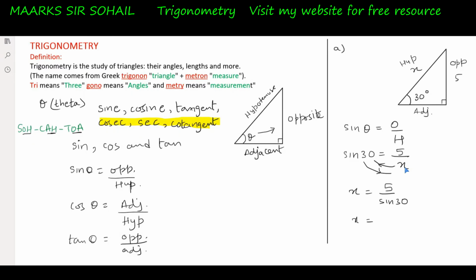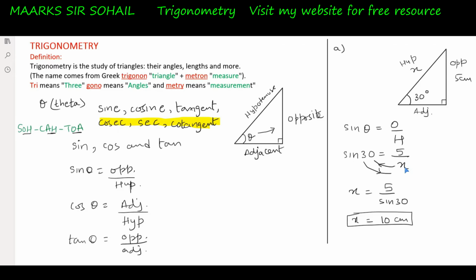You will use the calculator and put in the value of sin 30. 5 upon sin 30 gives us 10. If the unit is centimeter, we will write centimeter with it. This is how we solve it.